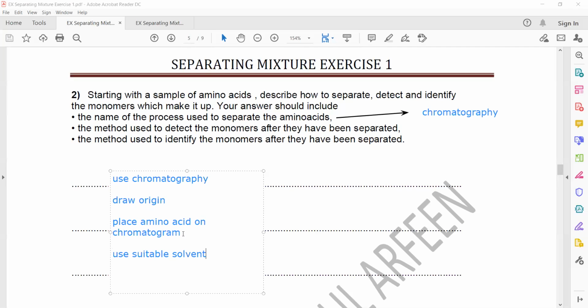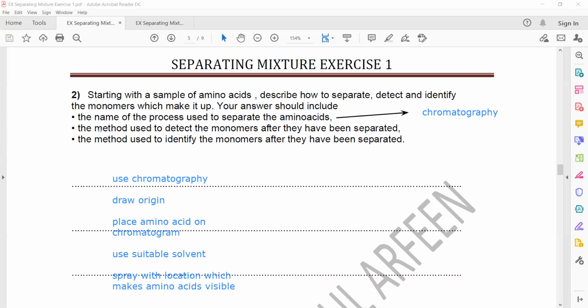Because these are colorless, spray with a locating agent, which will make them visible. So that's the answer for the second part: you use a locating agent to make them visible.